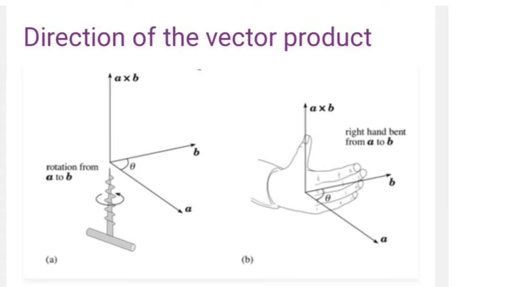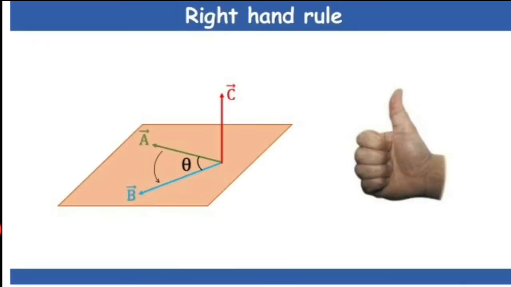Then what is the direction given by the thumb? That direction gives the direction of vector A cross vector B. In this case, we can see that vector A cross vector B is perpendicular to the plane upwards. That is the direction of vector A cross vector B.